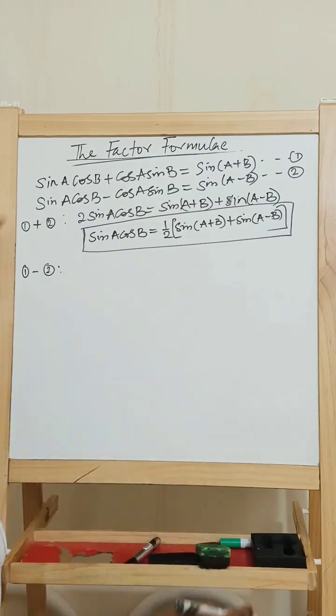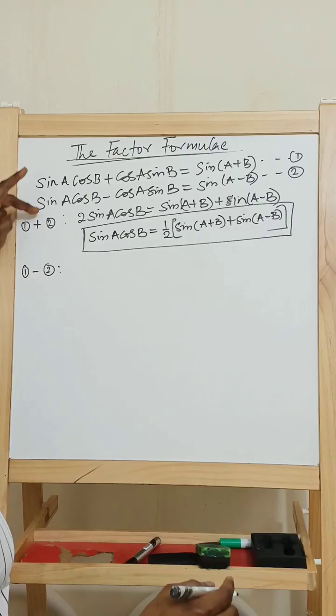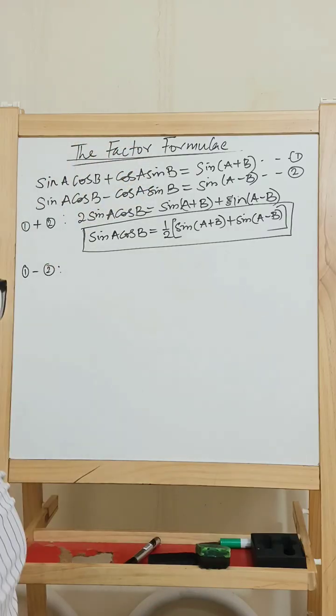Now if we subtract them, 1 minus 2, what are we going to get here? If we subtract, this will vanish, while this will become 2.